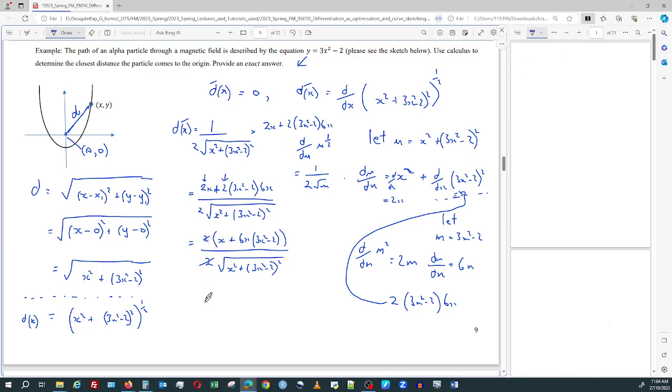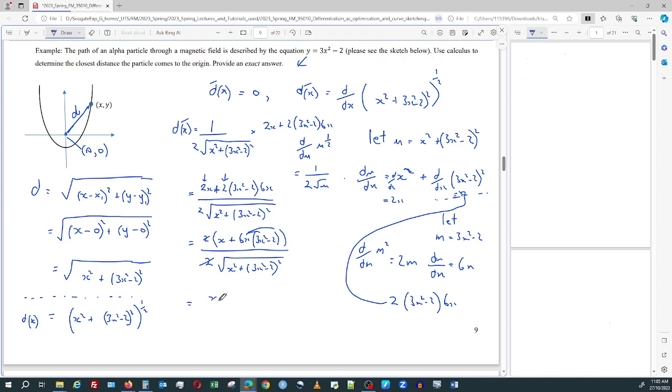They'll cancel, and we'll be left with, now we can do this expansion on the numerator. So we'll get 18x cubed minus 12x. So we'll do that expansion.